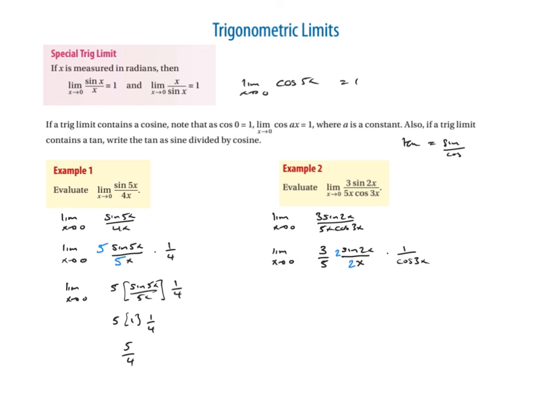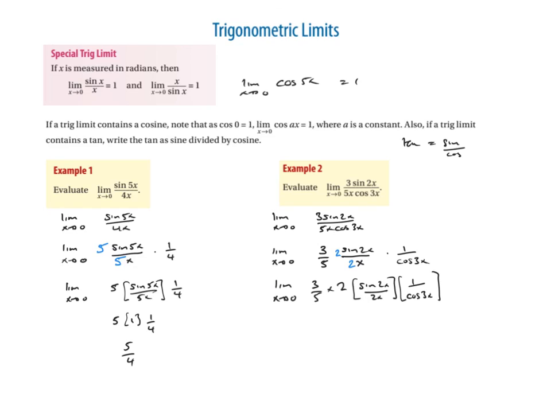Okay, so I'm just going to quickly rewrite that. So we're going to end up with the limit as x heads off to 0. We've got 3 over 5, and then multiplied by 2, and then we've got sine 2x over 2x multiplied by 1 over cos 3x.